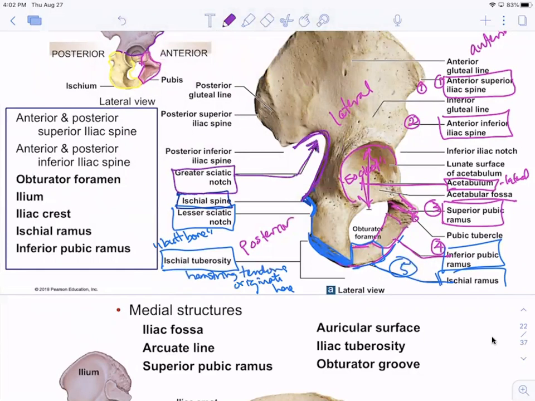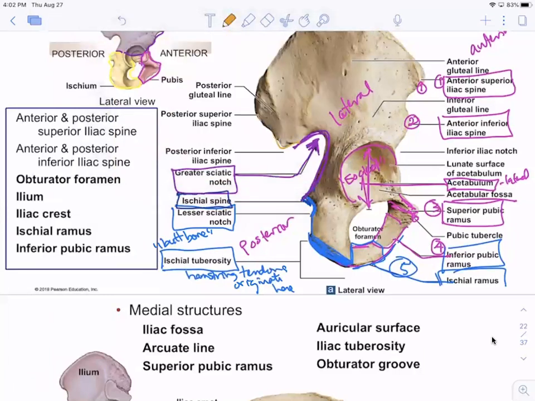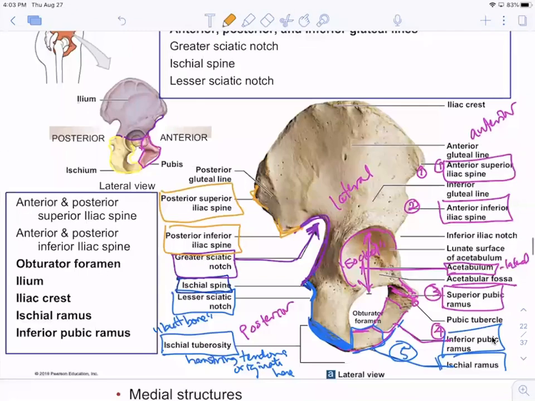So this is that notch structure right there. That greater notch forms another spine, and that is your posterior inferior iliac spine. You go up, and there is another spine here, which is your posterior superior iliac spine.